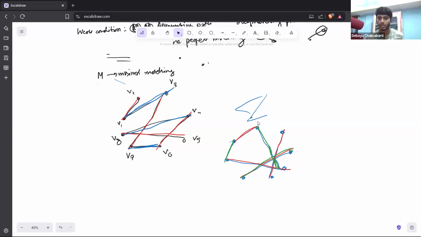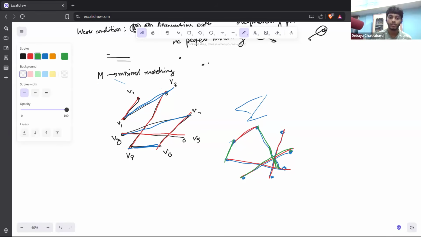So first of all, my question is: you do have cycles, right? And if you have cycles, can you have odd cycles? No, because then you would have two edges of the same color on one vertex.